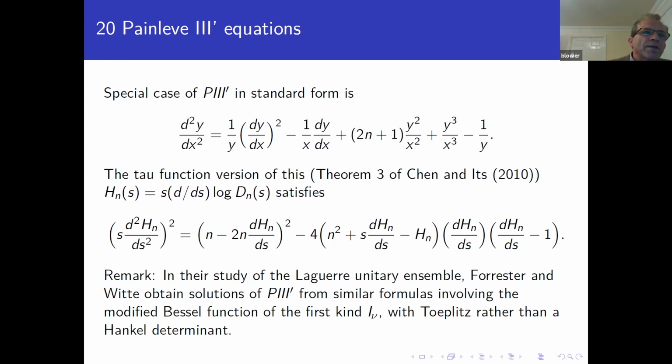So that suggested to me that it should be possible to sort of bridge the gap and get solutions of Painlevé III prime in the same kind of way as Forrester and Witte, using some kind of random matrix construction. And that's what we're going to do. But it's going to be involving Hankel rather than Toeplitz determinants.